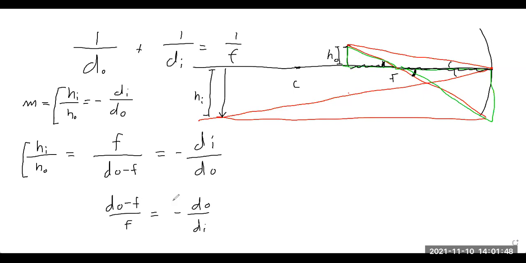Then dividing every side by the object distance, we get 1 over the focus minus 1 over object distance equals 1 over the image distance.